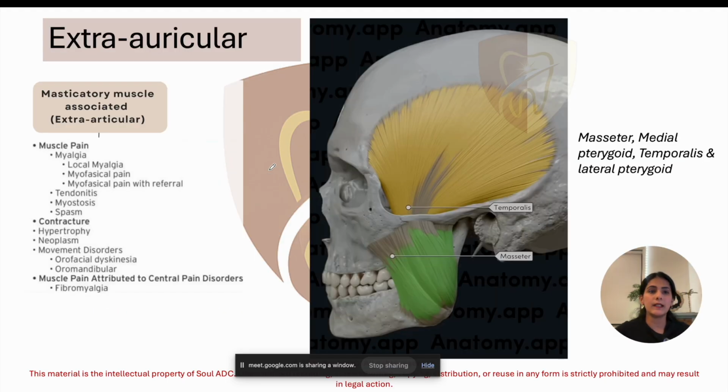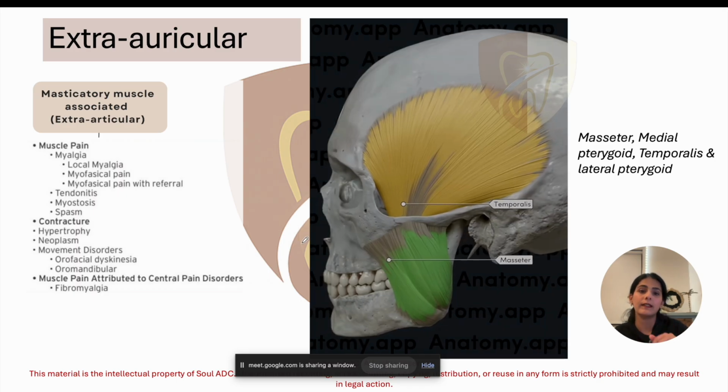So now let's discuss your extra-articular problems. Extra-articular means your muscles of mastication are causing the problem. There are 4 muscles of mastication that we are more concerned about. These are your masseter, your medial pterygoid, your temporalis, and your lateral pterygoid. Before we discuss anything about the extra-articular, let's look at this video.